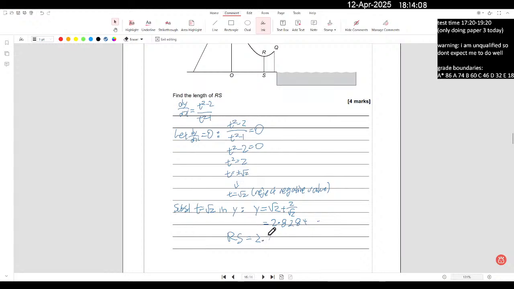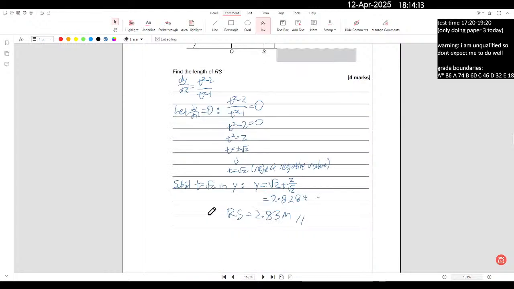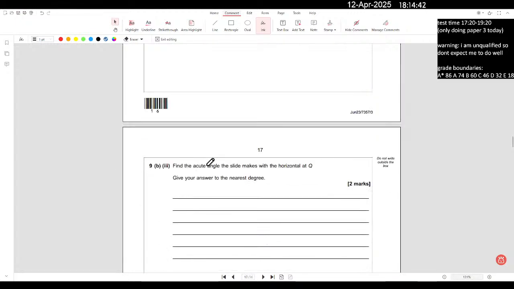RS equals 2.83 meters. Didn't it say exact value? I'm pretty sure it's an exact value for this. Wait, 2 over root 2, yeah, I'm pretty sure that's just root 2 over 2 or something. Okay, it isn't, but whatever.